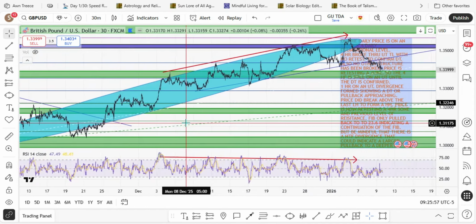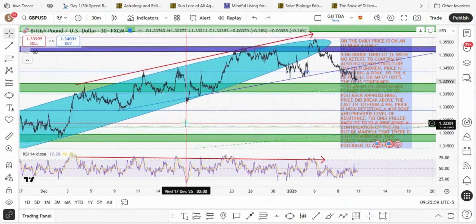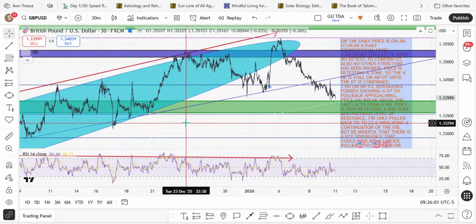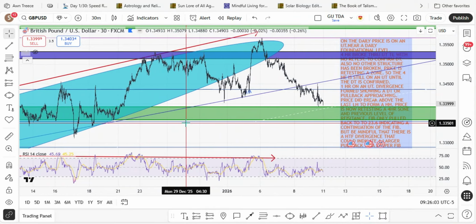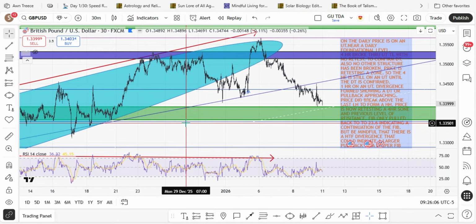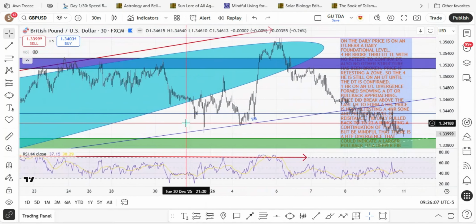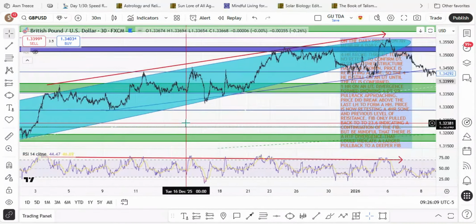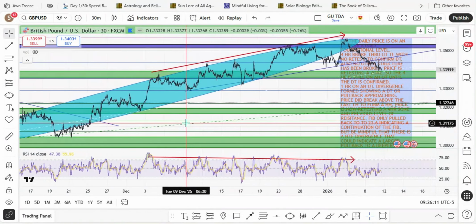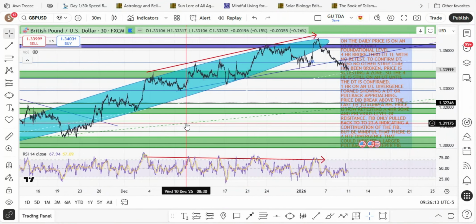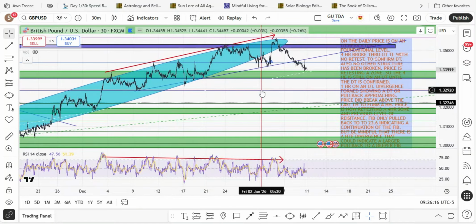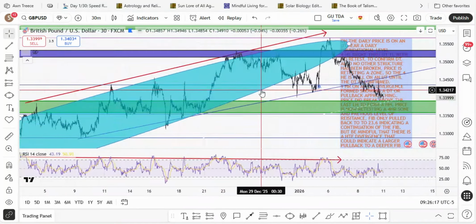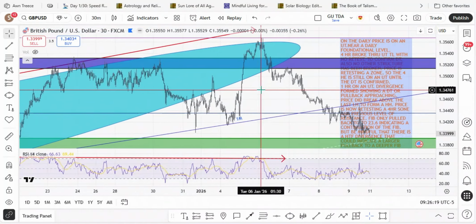Yeah, it's hard to do a fib because the pullbacks haven't been good, and stretched price. This price movement is garbage.